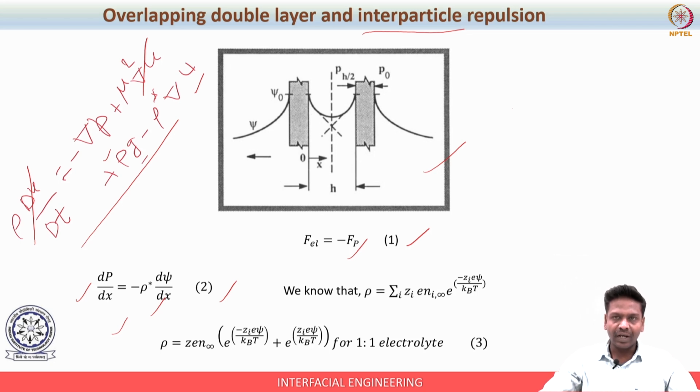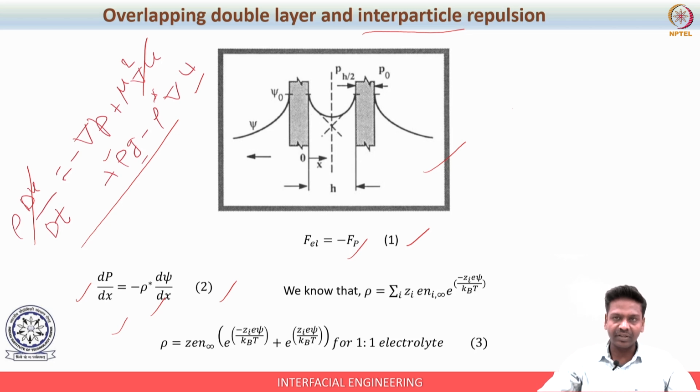So when the double layers overlap with each other, they prevent the flow of ions into this domain, right?